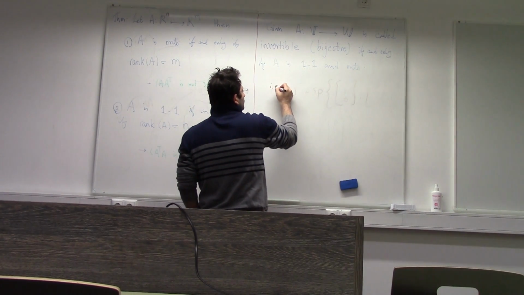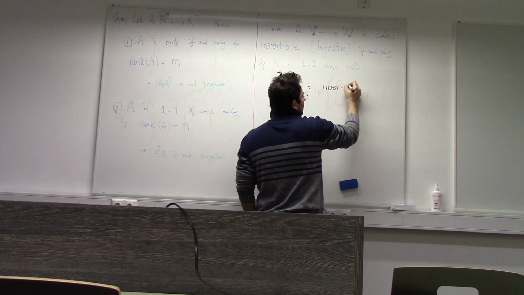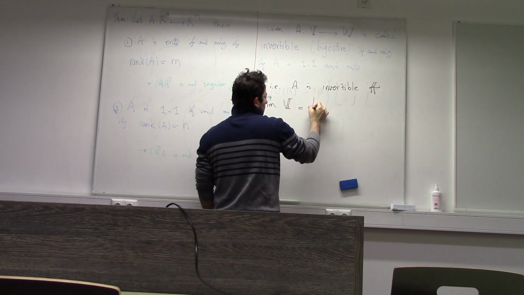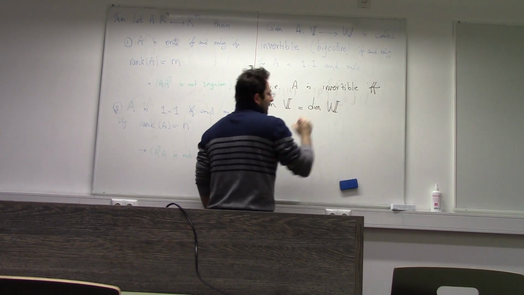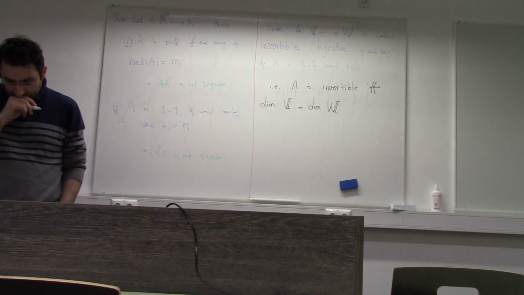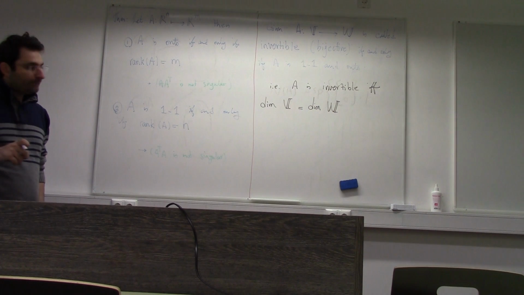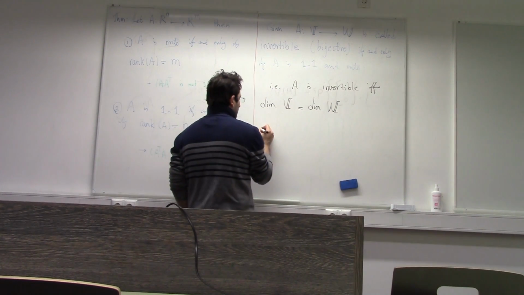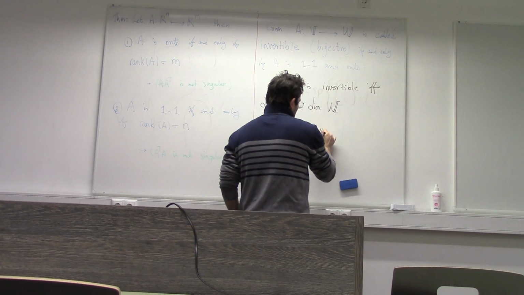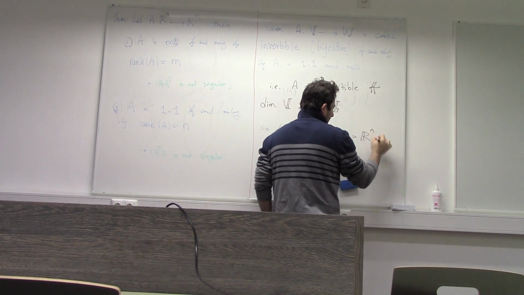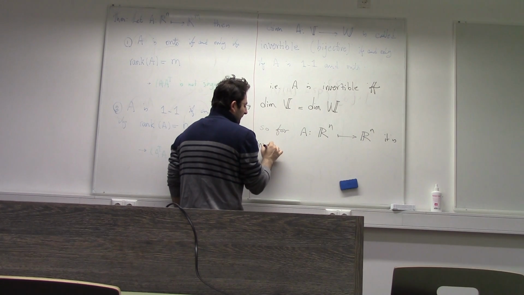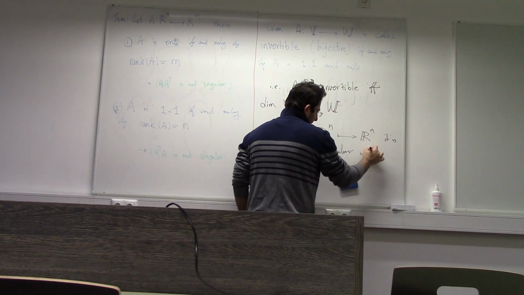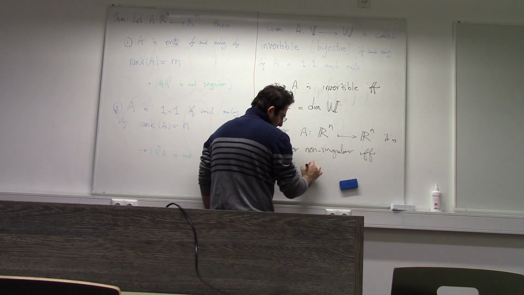In other words, A is invertible if and only if the dimension of V is equal to the dimension of W. So for A going from R^n to R^n, it is invertible or non-singular if and only if the rank of A is equal to n.